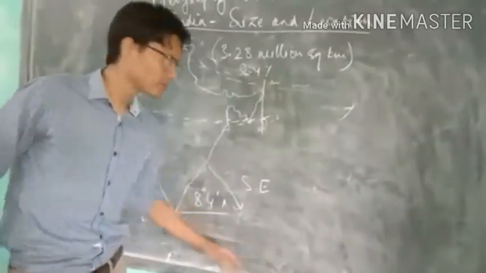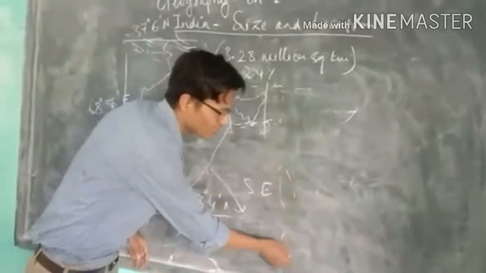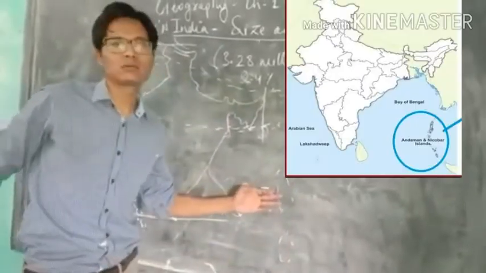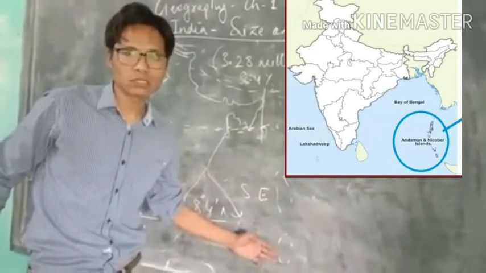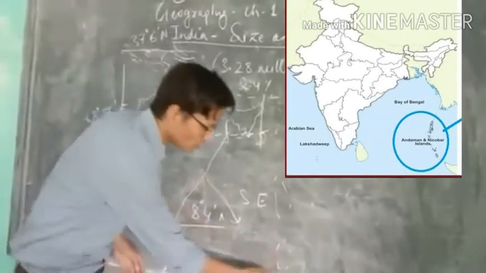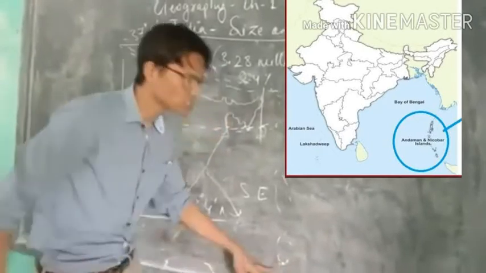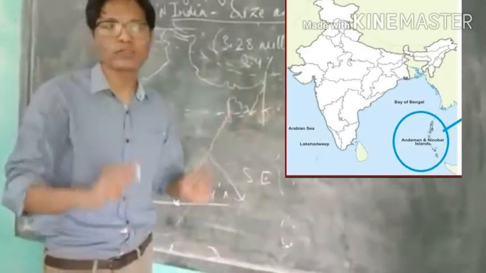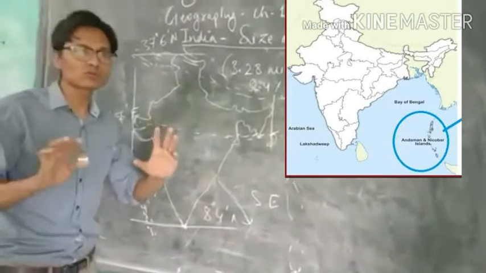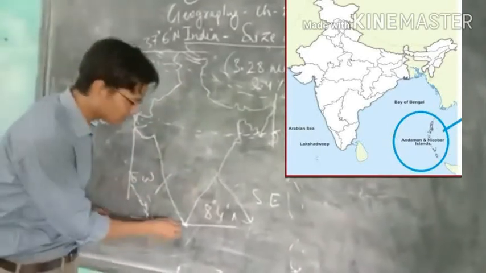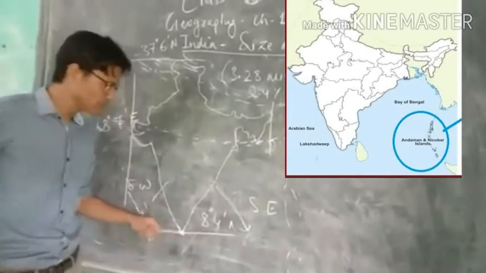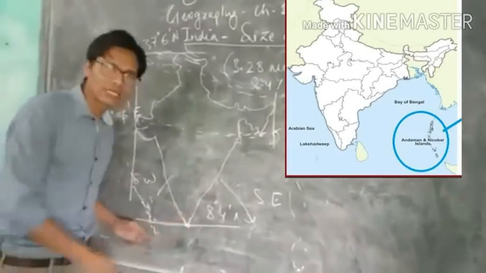Actually, in the Nicobar, because Andaman and Nicobar are two groups of islands: the northern one is called Andaman, and the southern is called Nicobar. So Indira Point is the southernmost point of the Union of India. But the southernmost point of mainland India, on the land, is Kanyakumari, also called Cape Comorin.